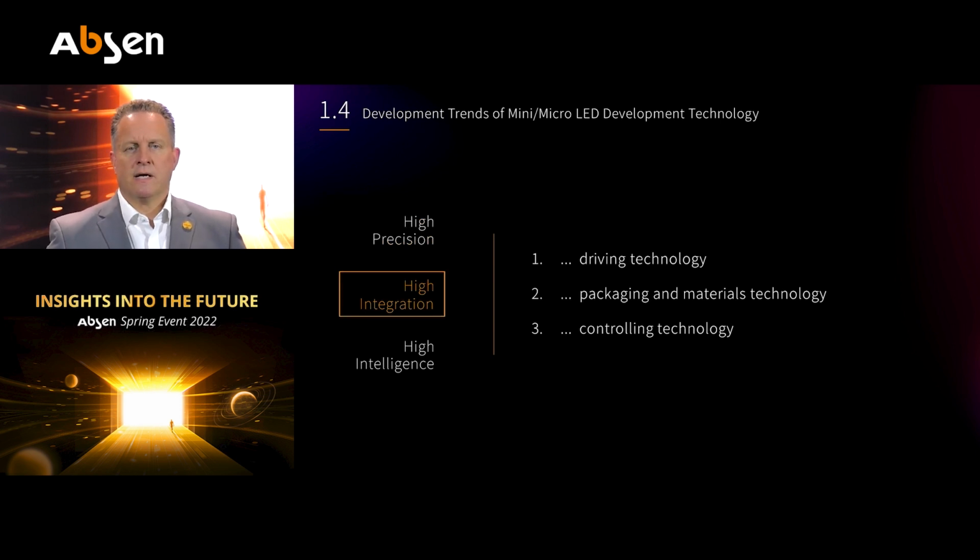Next is the high integration for the driving technology, for the packaging of materials, and also for the controlling technology. A quite good example is again the driver IC, such as the 164 scan, which provides up to 64 channels to make it highly efficient and highly integrated.